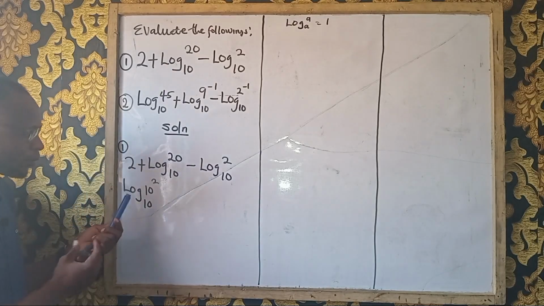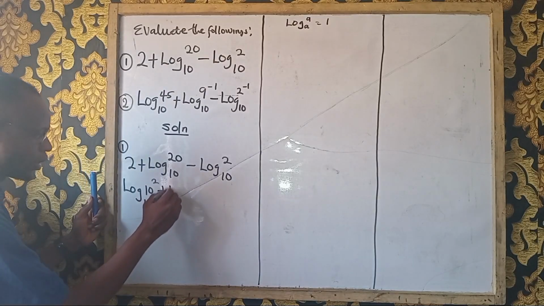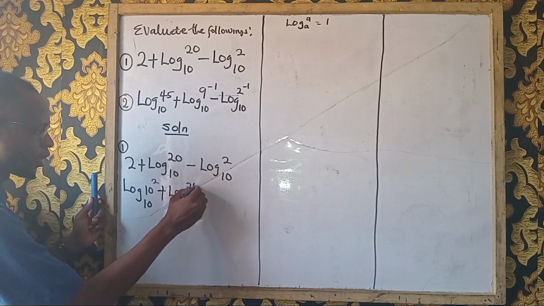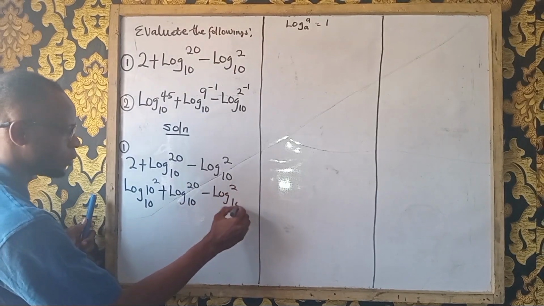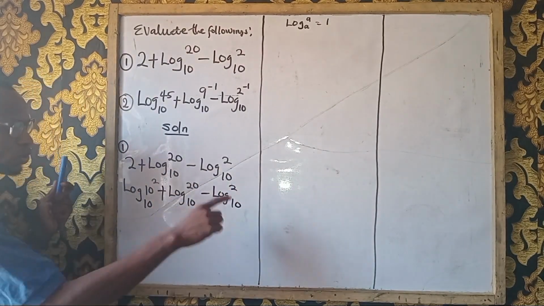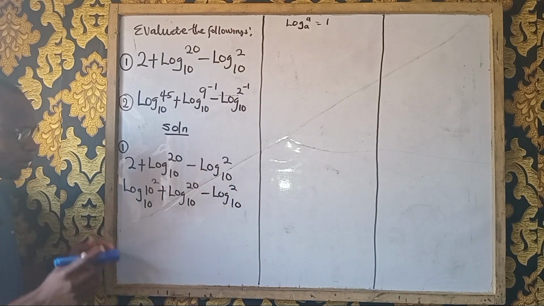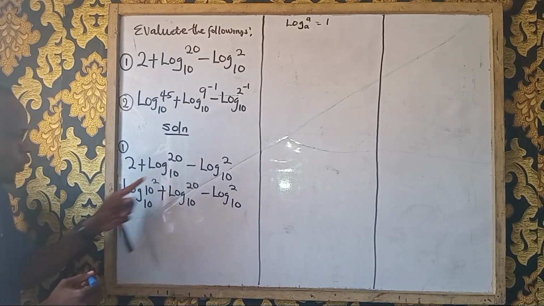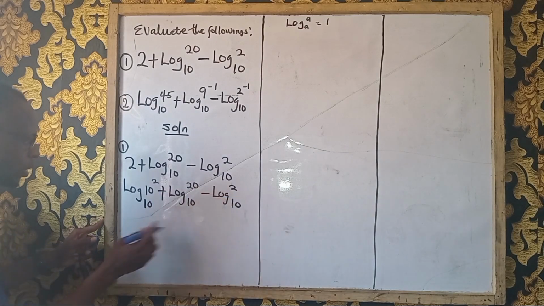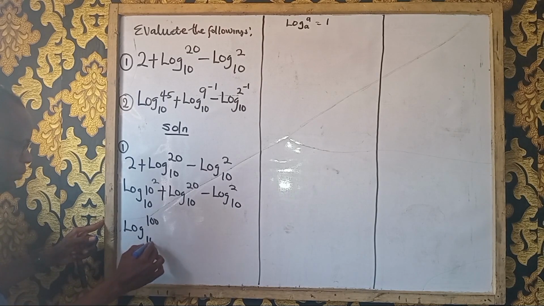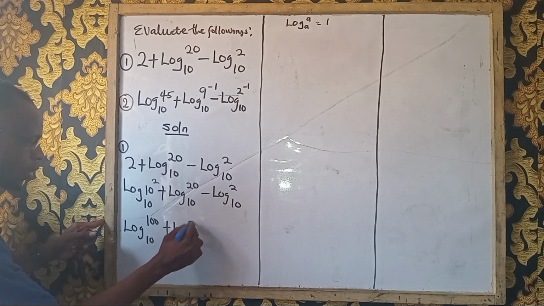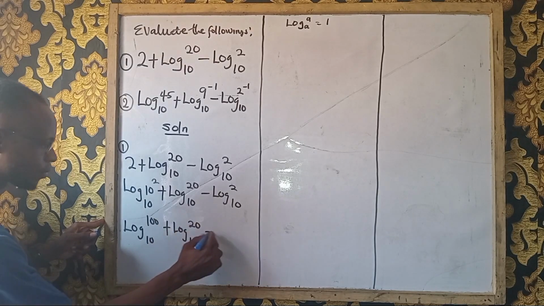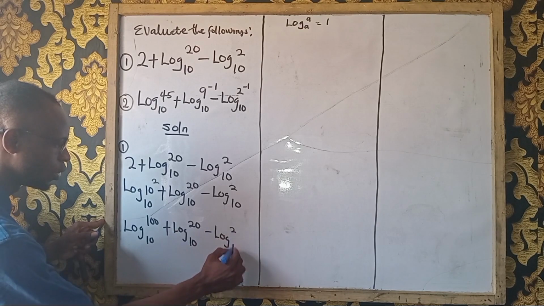Good, let's proceed. And this will be log 20 in base 10 minus log 2 in base 10. So everything now has what? Log in common, that's in base 10. Now, we can evaluate this one to be single just like this one. So we can have it as log 100 in base 10, because 10 raised to power 2 gives 100, plus log 20 in base 10 minus log 2 in base 10.